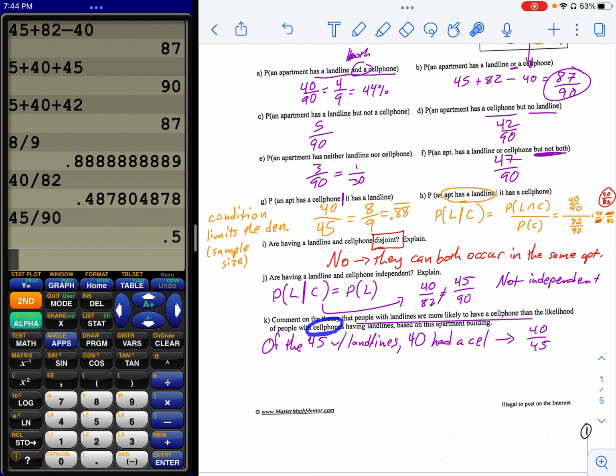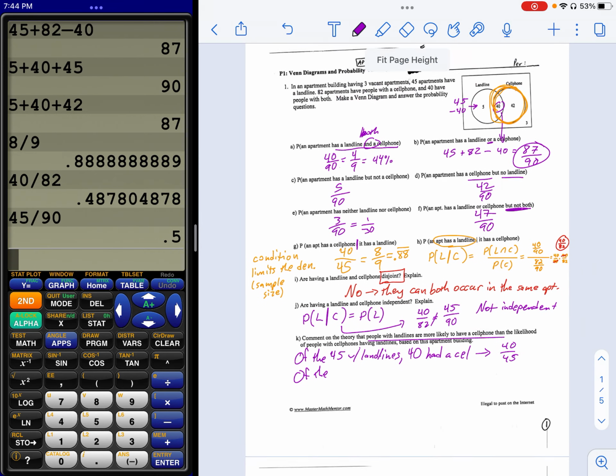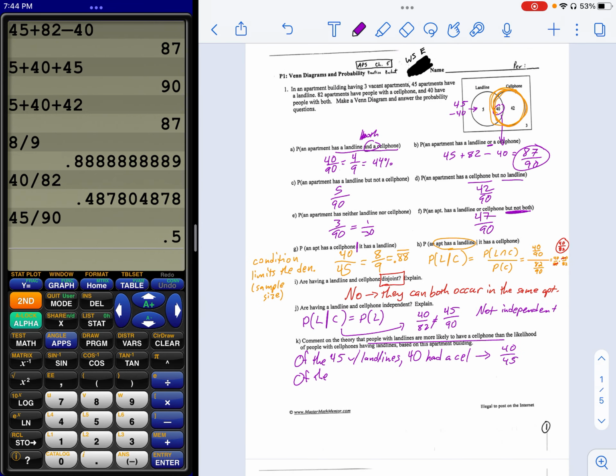We're comparing that to the likelihood of people with a cell phone having a landline the other way. So we're just kind of reversing the condition. So of the houses with cell phones, 82. How many of the 82 had landlines? 40 had landlines.